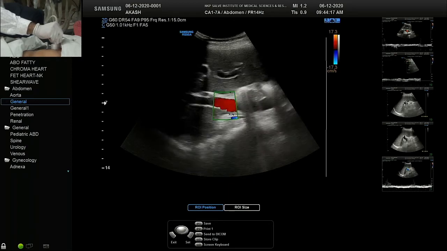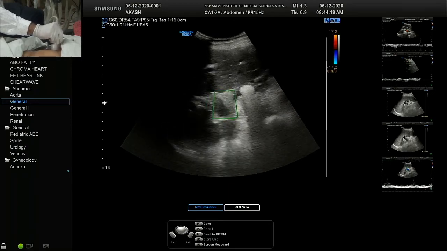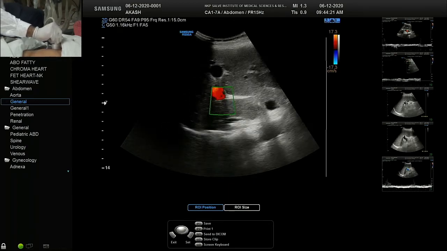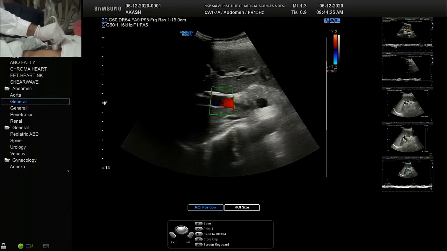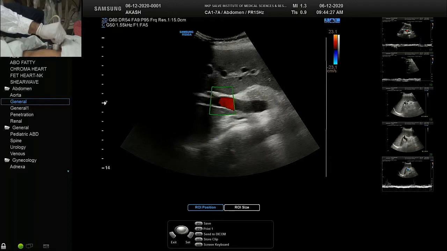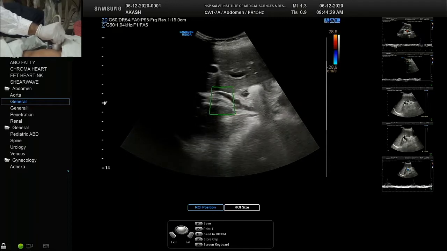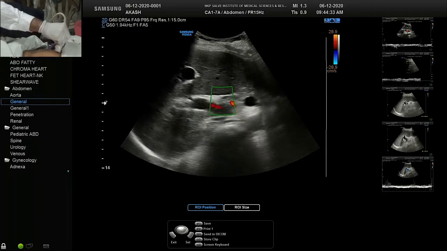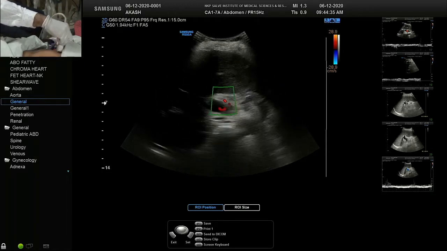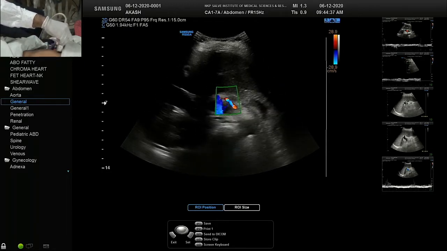We'll come back to porta. Try to see the hepatic artery if we can sample it properly. That is the artery.